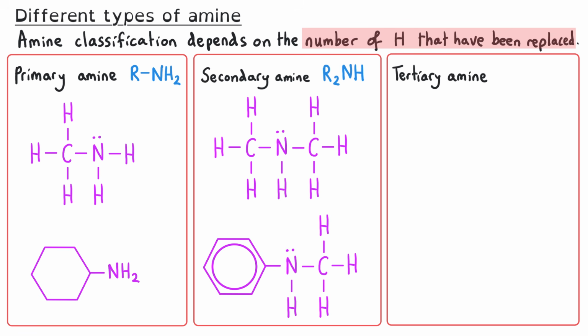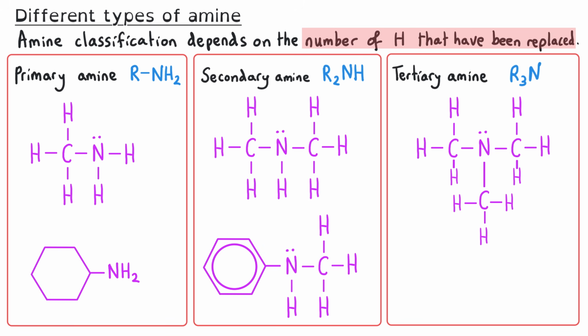A tertiary amine has three carbon groups attached to the nitrogen and no hydrogens attached to the nitrogen at all. And this is written as R3N. And my example that I'm showing first here has got three identical methyl groups attached to the nitrogen. But these groups could all be different, as I'm showing in my second example here.